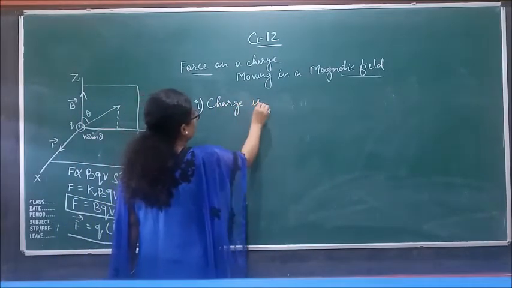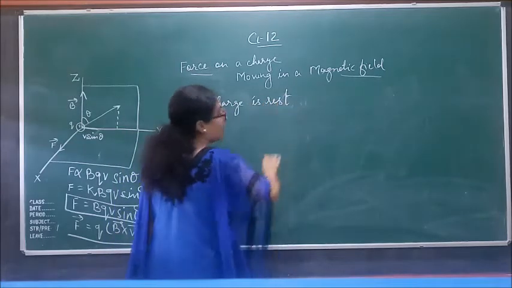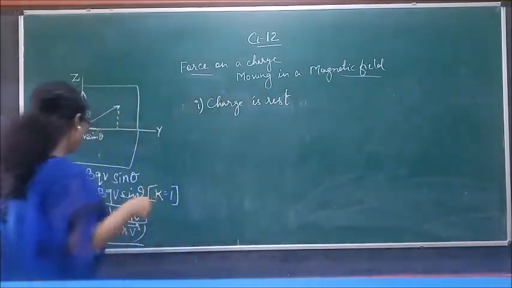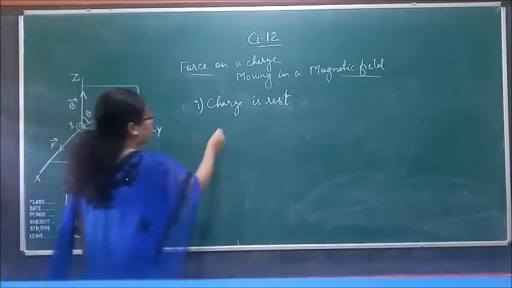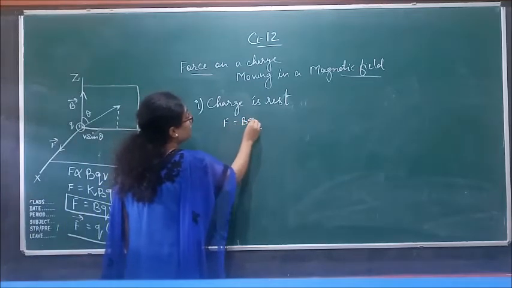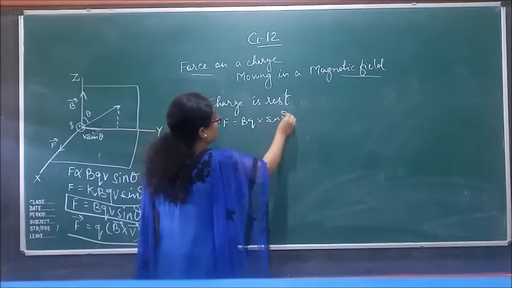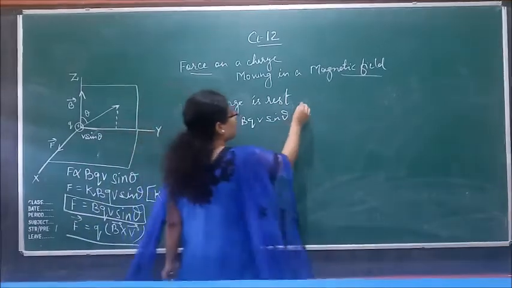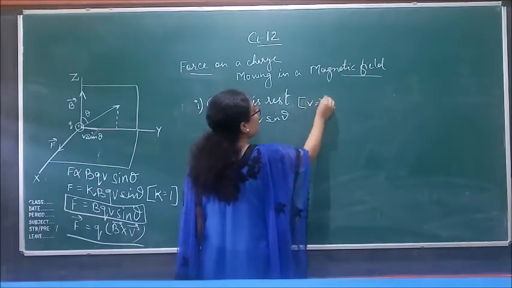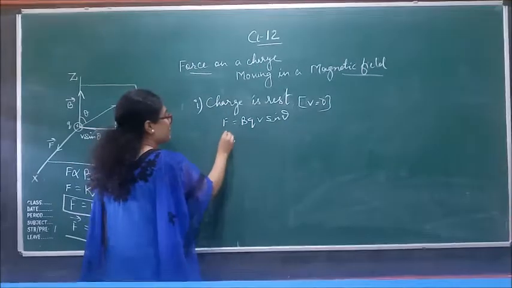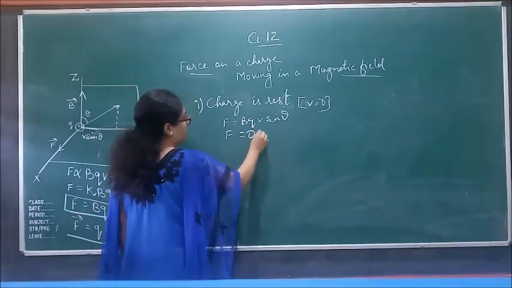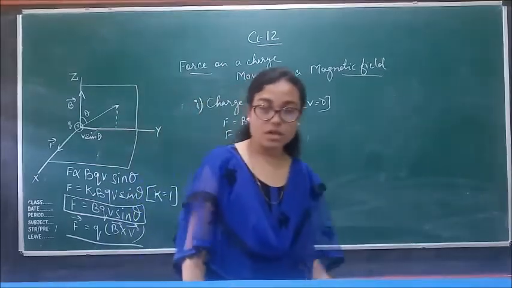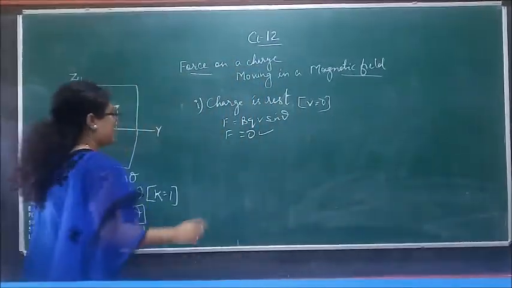If the charge is at rest, F is equal to BQV sin theta. The charge itself is at rest, which means V is going to be 0, so the force will be 0. In this case, minimum force happens when the charge is at rest.